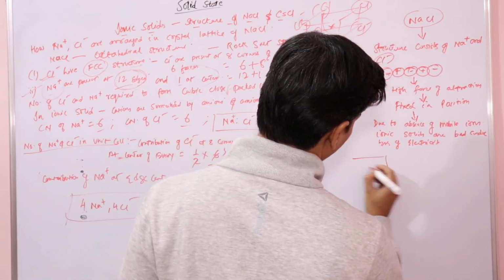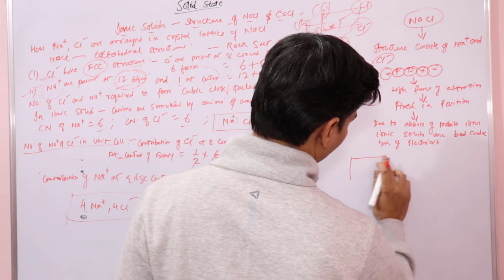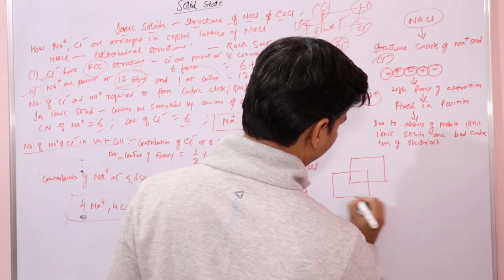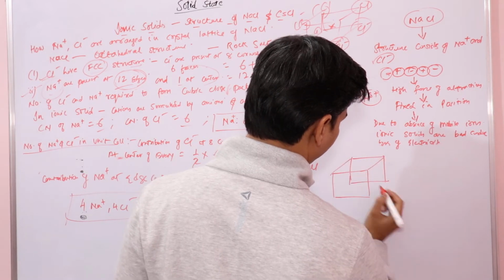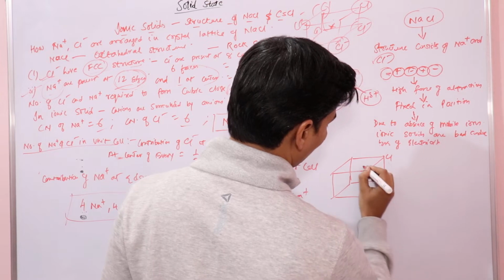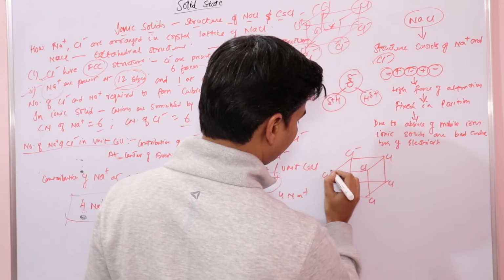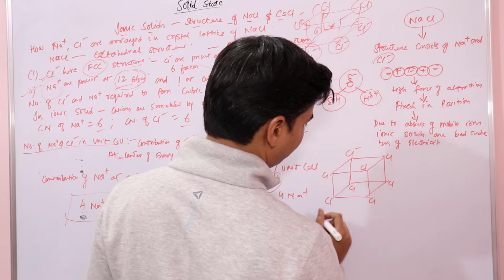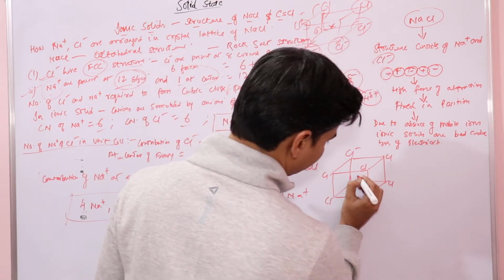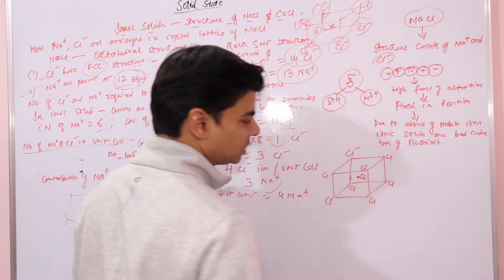If this is your cube, we have chloride ions at all 8 corners of the cube, and the cesium ion, the Cs, at the center.